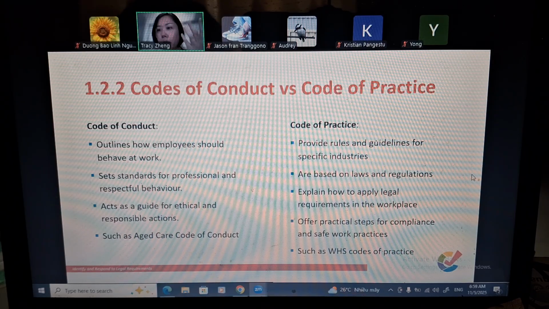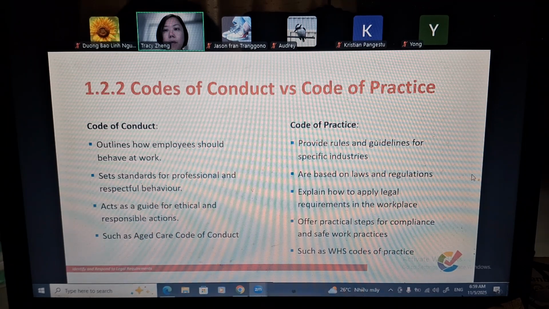They are the group of people who develop this practice, outlining what you need to do in terms of following the legislation. They apply to a specific industry. Every industry has its code of practice, but some of them overlap. For example, if you work in aged care, we need to follow work health and safety. Those working on a construction site also need to follow work health and safety. They do have those codes of practice.